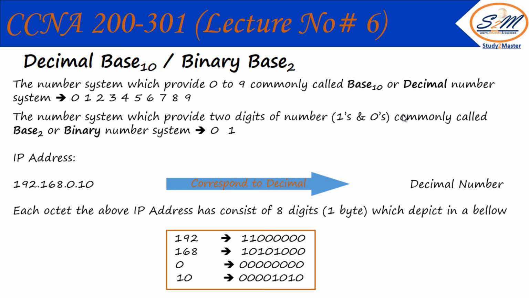You can type only 0 or you can type 8 zeros. 10 is 00001010. It means the position of 2 is on and the position of 8 is on. That makes 10 in decimal and 00001010 in binary.